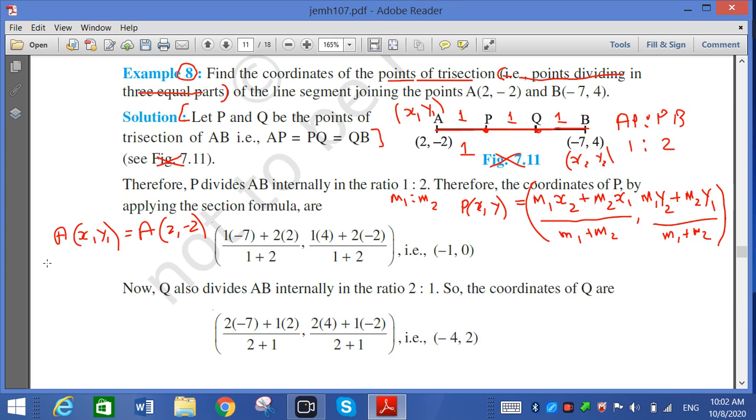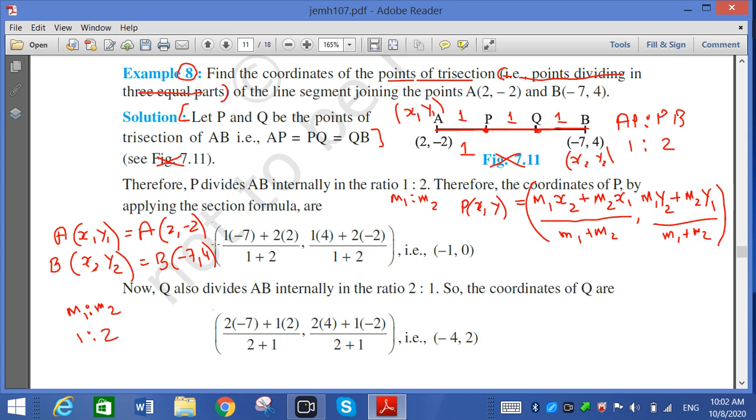Otherwise, when you read the question, we do something wrong and put the wrong value in it. Now x2, y2 is equal to B, that is (-7, 4). Now m1:m2, I am writing it again here, that is 1:2.